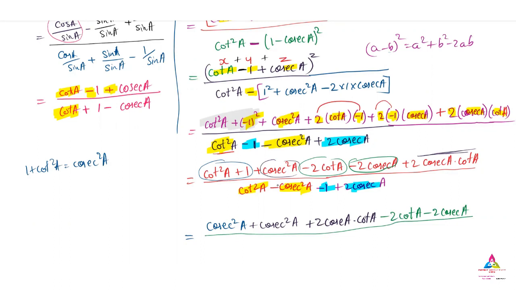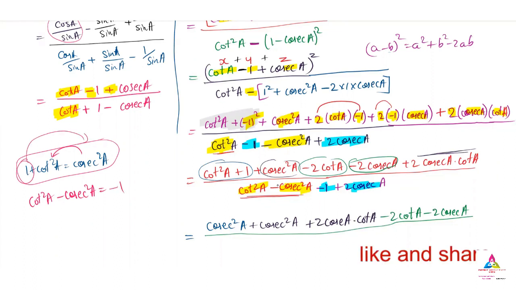Now we have to make such an arrangement. What is cot square A minus cosecant square A? The same identity we have used here. Here we have cot square A minus cosecant square A. So cot square I will keep here only. This cosecant square I will bring to the left hand side. It will become minus cosecant square A. That plus 1 that I have, I will shift to the other side. It will become minus 1.